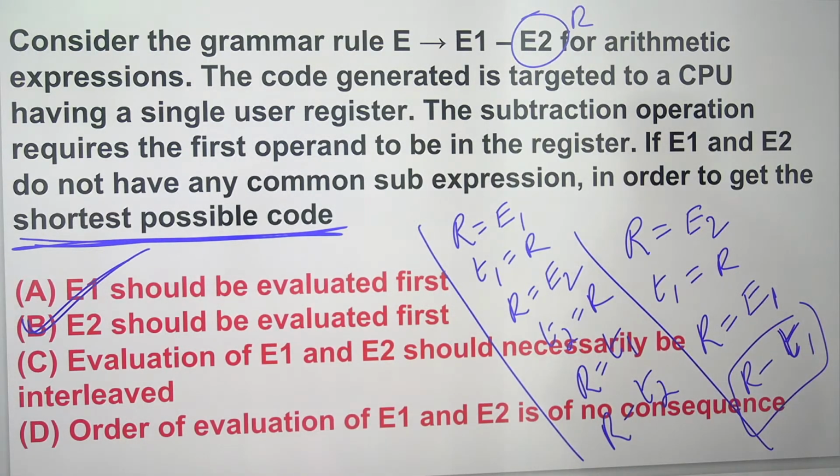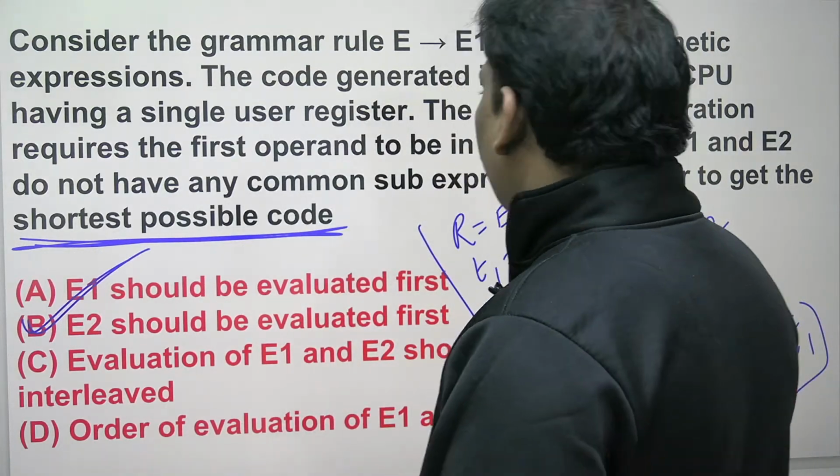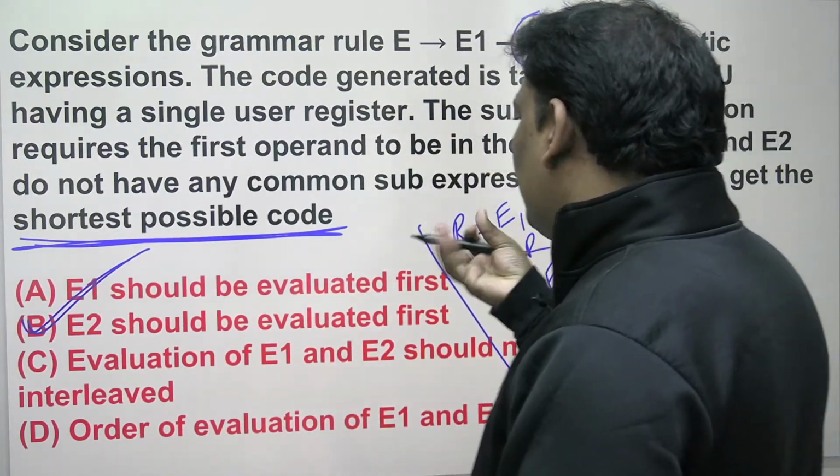When you say single user register, you may have a doubt: will I keep the first operand in the register or the second operand? He said that the first operand should be there in the register.